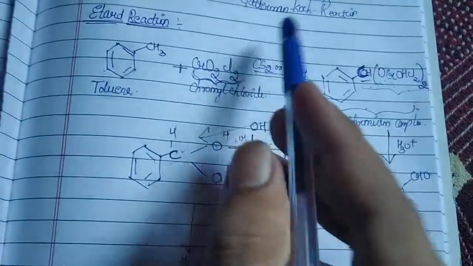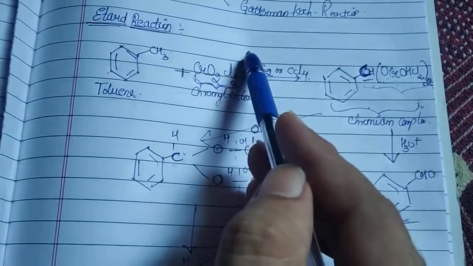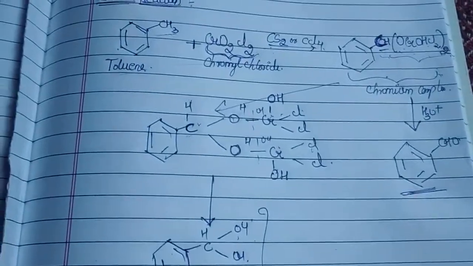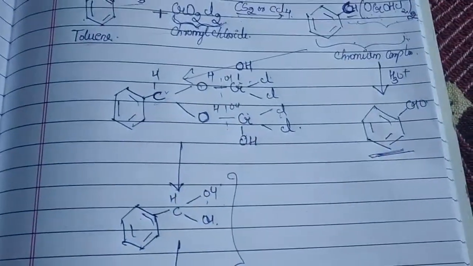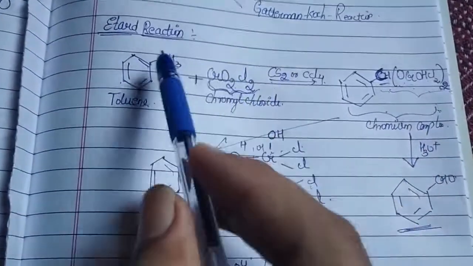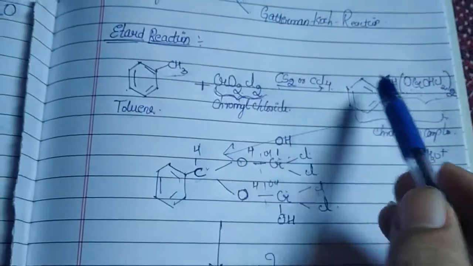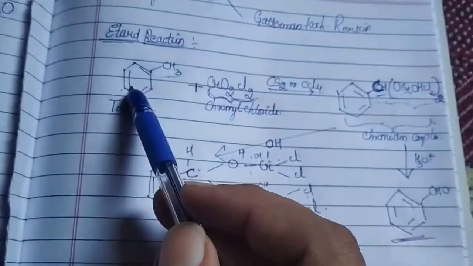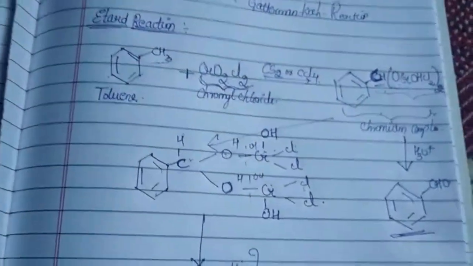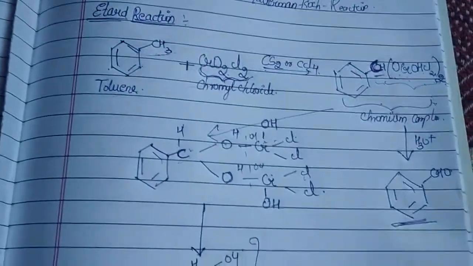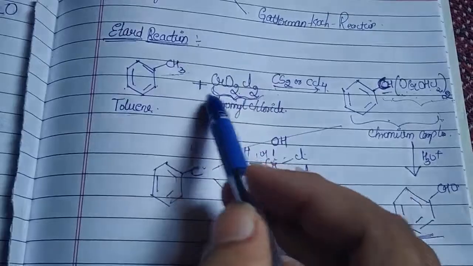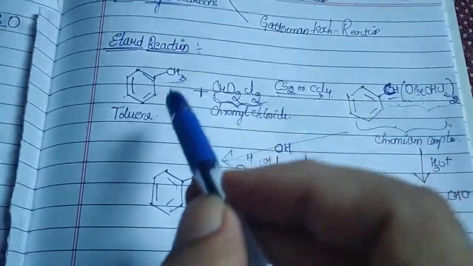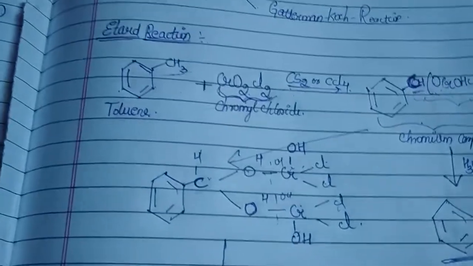Coming to the concept now, remember whenever we are using this chromyl chloride, I'm talking about not general cases, it mainly attacks your methyl group. In simple words, it first oxidizes the methyl group to the respective chromium complex. Here we have taken toluene, but if you choose any compound which has a methyl group and you use chromyl chloride, first it is going to attack that methyl group and convert it into the respective chromium complex.